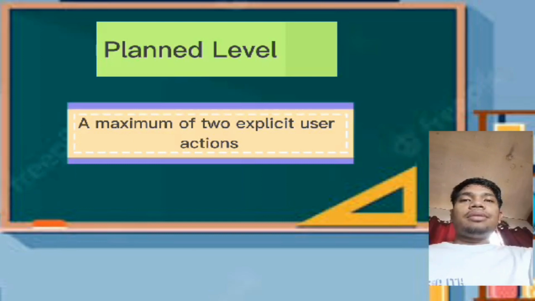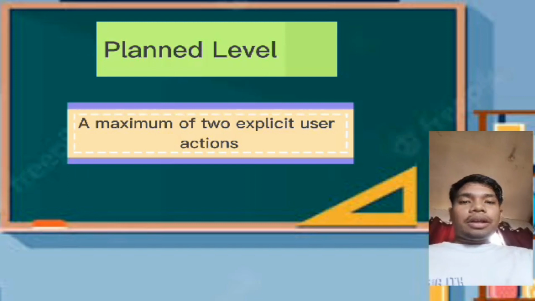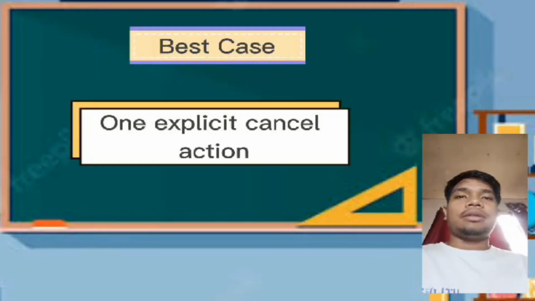The attributes you have assigned to the planning area are available from the planning level, as well as the time profile level and the attributes assigned to the time profile level. Best case: one explicit cancel action.